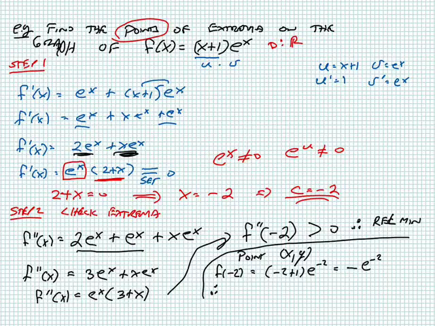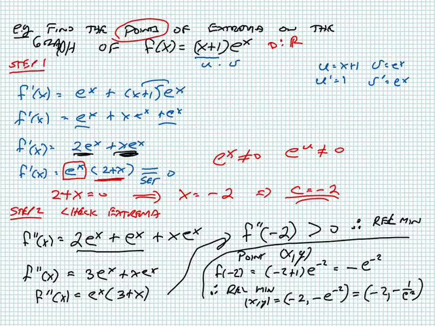So therefore, my answer is I've got a relative min at x, y is equal to minus 2 comma minus e to the minus 2. Or if you prefer, you can write that as minus 2 comma minus 1 over e squared. Okay, so that's how you find extrema for these particular problems.